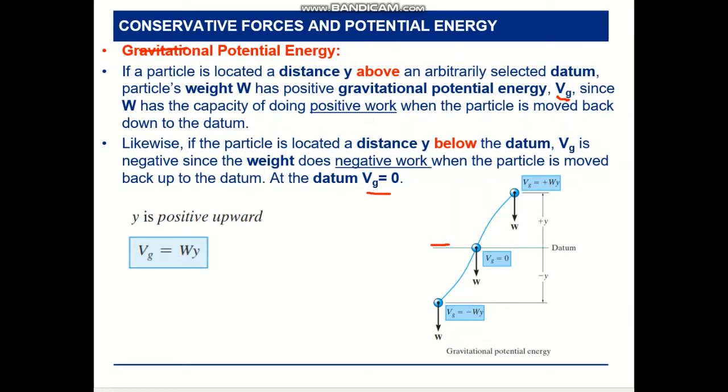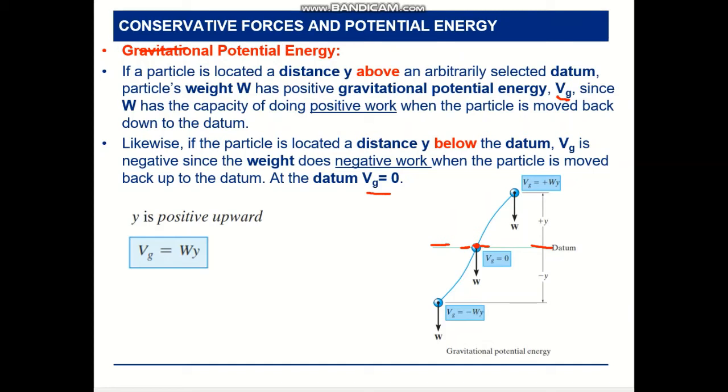We draw here, let's take your datum here and then your particle over here. First, let's say your potential energy here due to the height is 0, it's on the surface level, that's why we say its potential energy due to this datum is 0. When you go in the positive y direction, when you put it up, you give potential energy to this particle, so it's going to be positive: the particle's weight multiplied by the vertical distance.